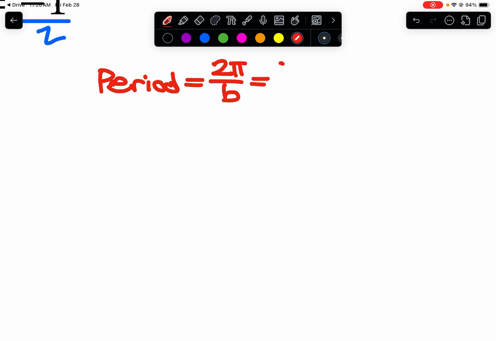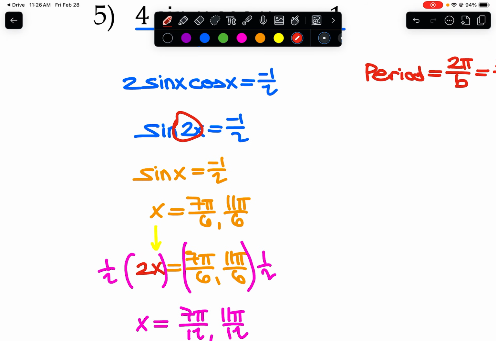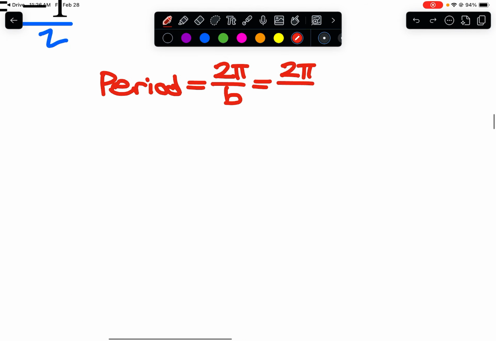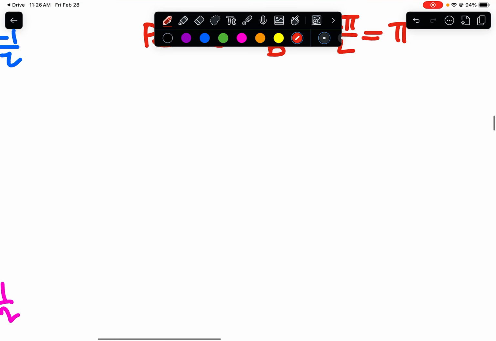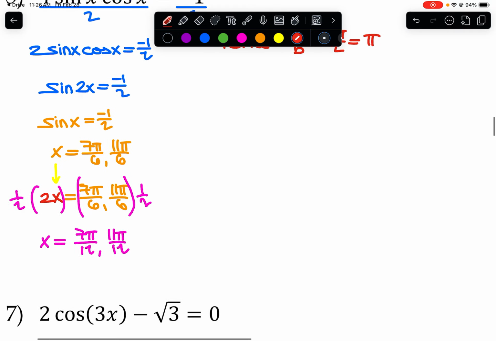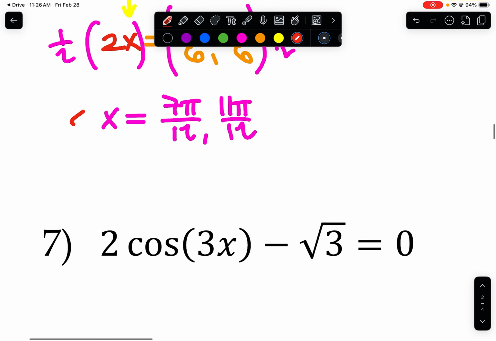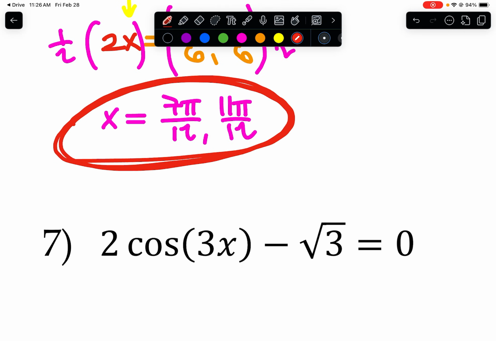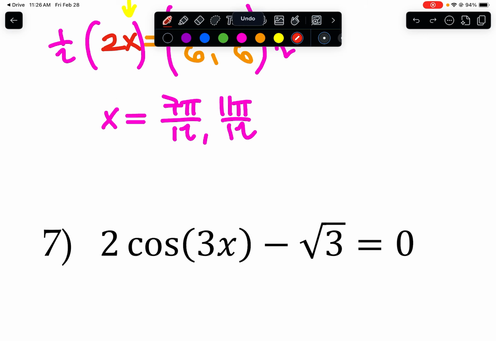If we reference this equation, the b value is going to be 2. So when I simplify, 2 pi divided by 2 only gives me pi.